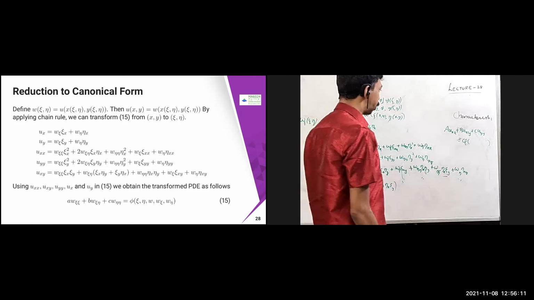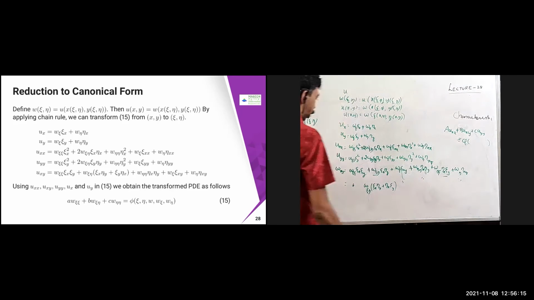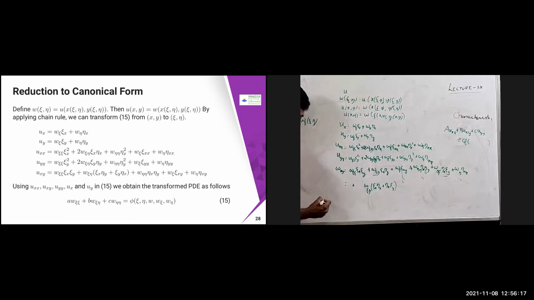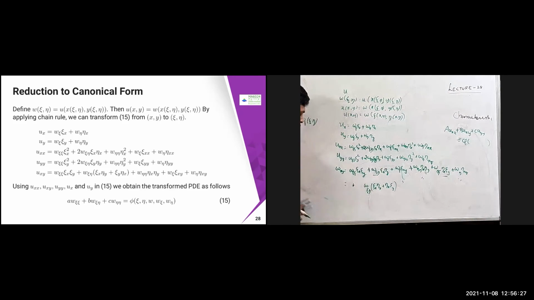So now if I substitute these values over there, you are going to get it in this format: a w chi chi. Everywhere you can see that w chi chi is going to be there. If I substitute it over here, I have to multiply this by a, this by b, and this by c.